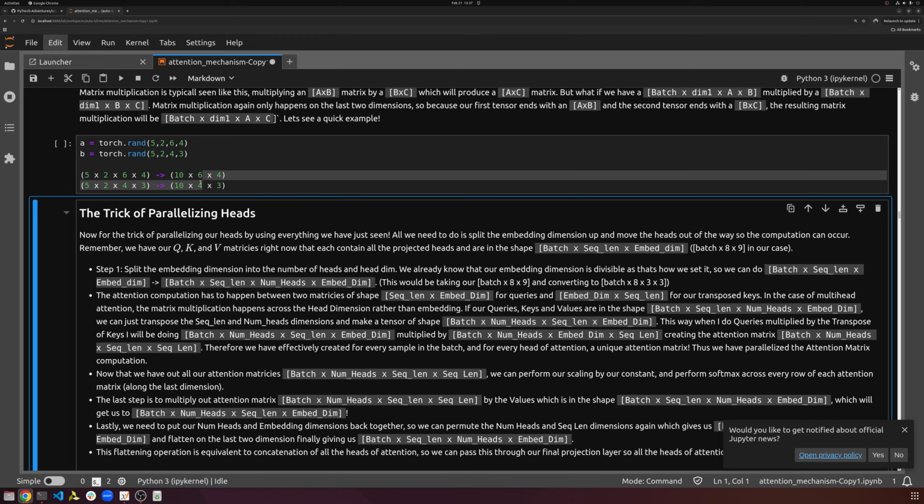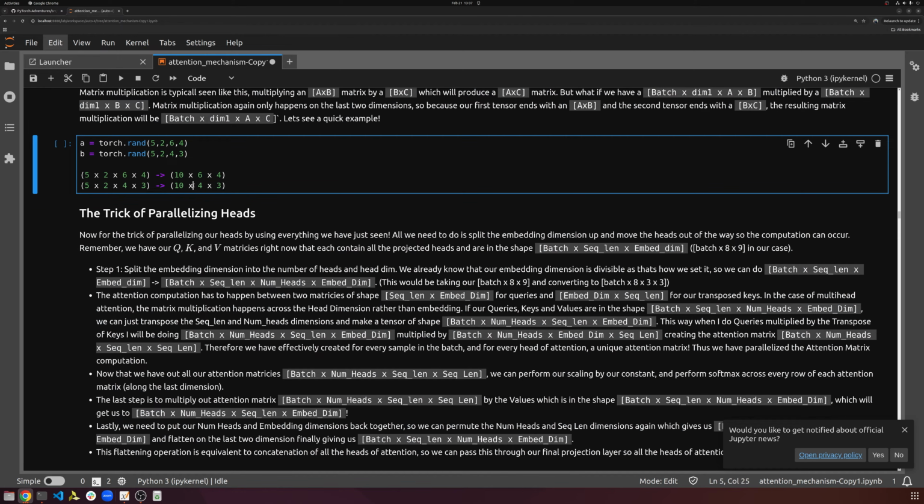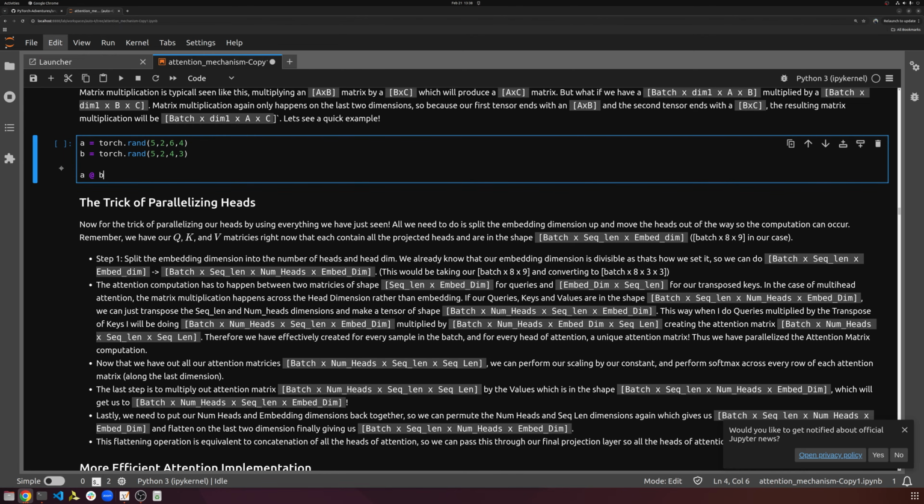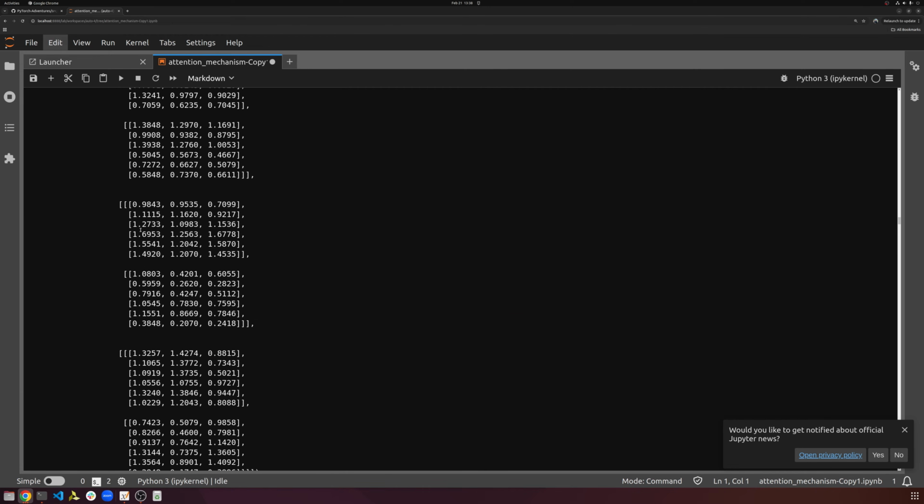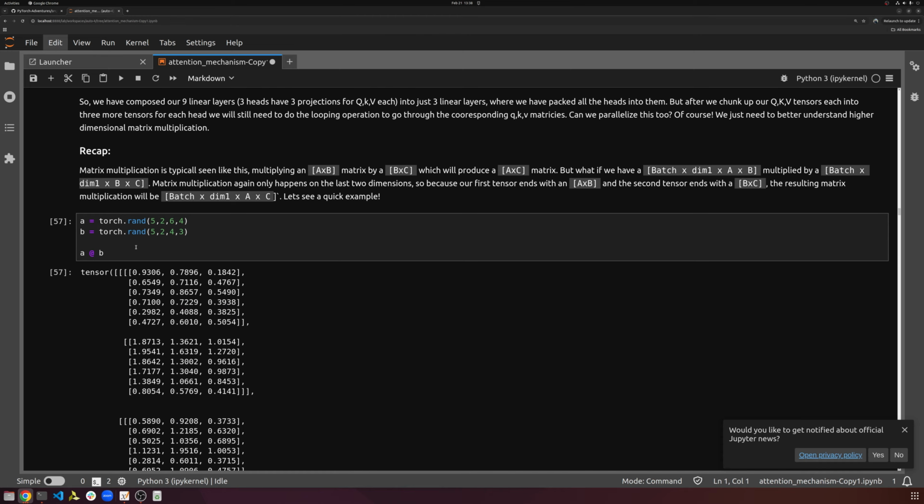And I can multiply a 6 by 4 by a 4 by 3 tensor, no problem, because the inner dimensions match, and it's parallelized over the 10. Each one of the things in the 10 will happen independently. So we have 10 independent 6 by 4 times 4 by 3 matrix multiplications happening. So I can do an A at B here with no problem, and it produces all these outputs.